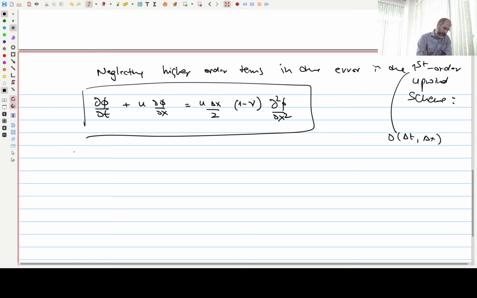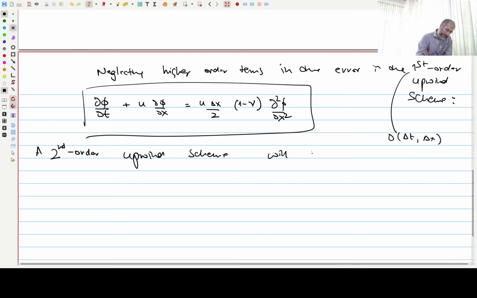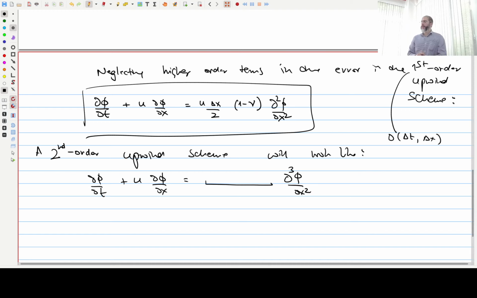You can also have a second order upwind scheme. And this time the leading error term will have del 3 phi by del x3.